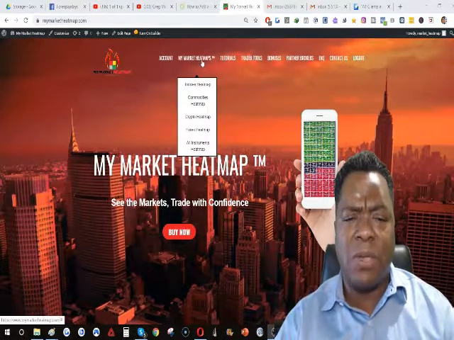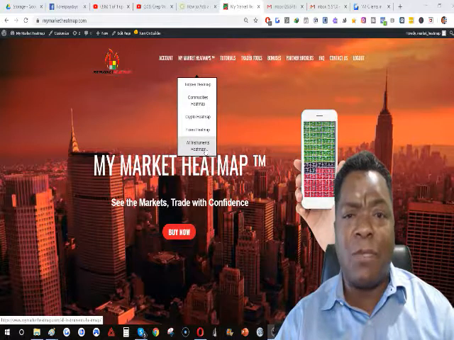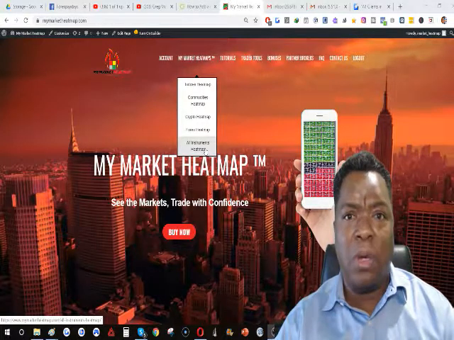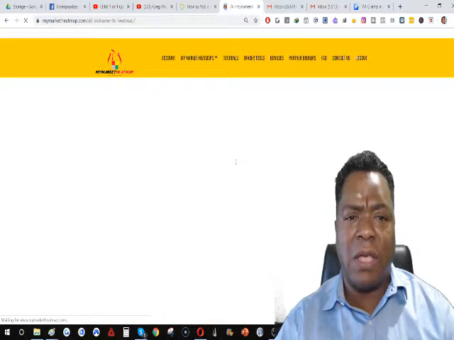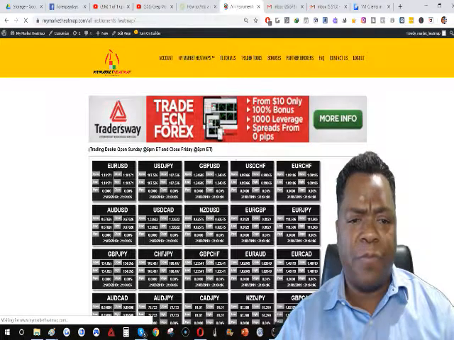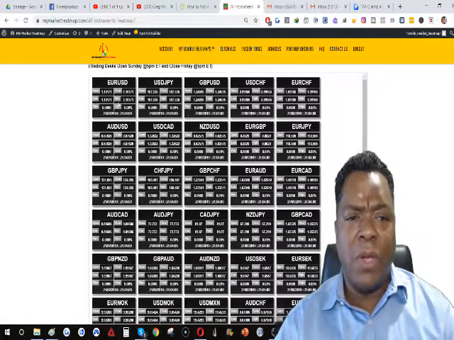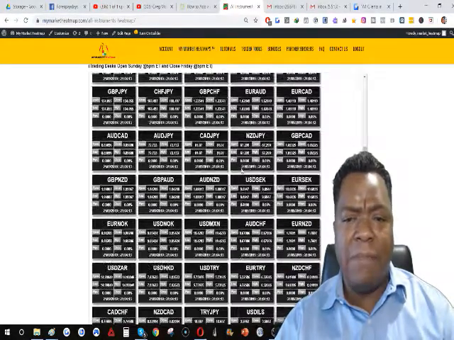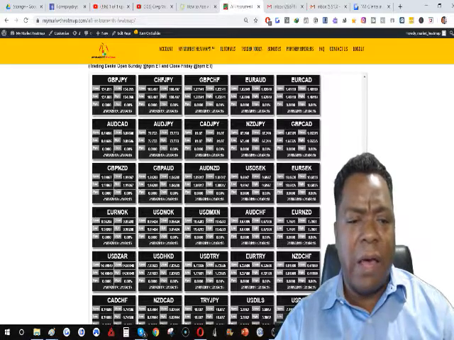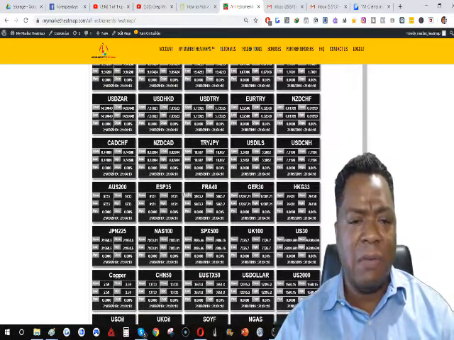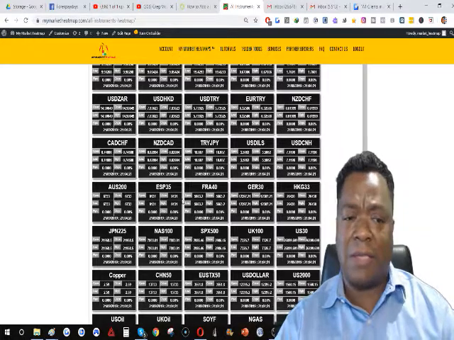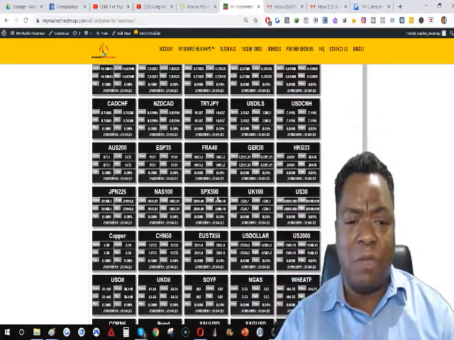We have, of course, the heat maps, but now the heat maps are broken down into different sectors. First of all, let's look at the all. This is the all instrument heat map, which has not only currency pairs, but also indices like the S&P 500, the Russell 2000, the FTSE, the ASX 200, and the Nikkei 225.